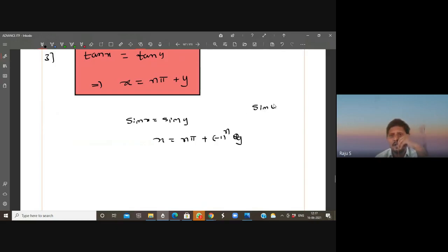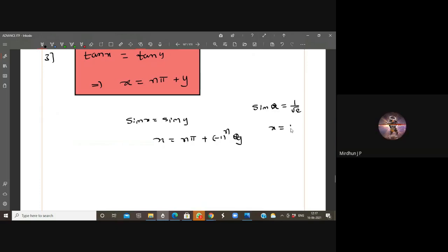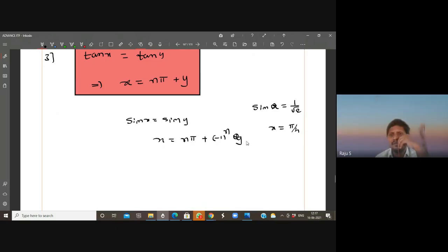For example, sin x is equal to 1 by root 2. So what is the x value, student, in first quadrant? 45, that is pi by 4. Now substitute pi by 4. I told you that the general solution depends on the first quadrant value. So x is equal to n pi plus minus 1 whole power n into pi by 4.